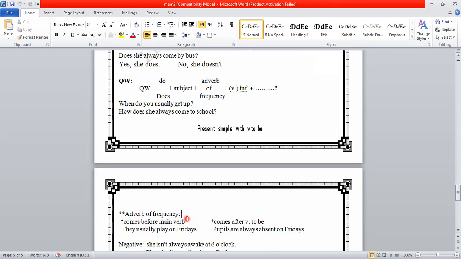Why? Because verb to be has a special case in the sentence. As we said in the beginning, when we talk about the adverb of frequency, the adverb of frequency comes before the main verb. But when we use the verb to be, like am, is, or are, the adverb of frequency comes after verb to be. That's the exchange.